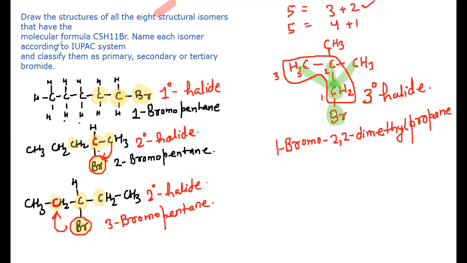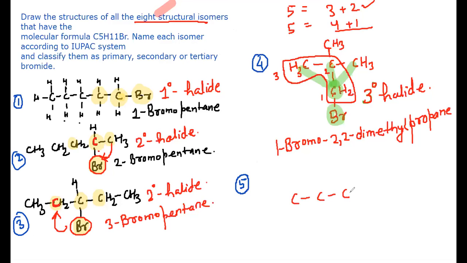We had to make 8 structural isomers. So we have done 1, 2, 3, 4. Now let us do the fifth one. Now we'll make a chain of 4 plus 1 like this: 1, 2, 3, 4.